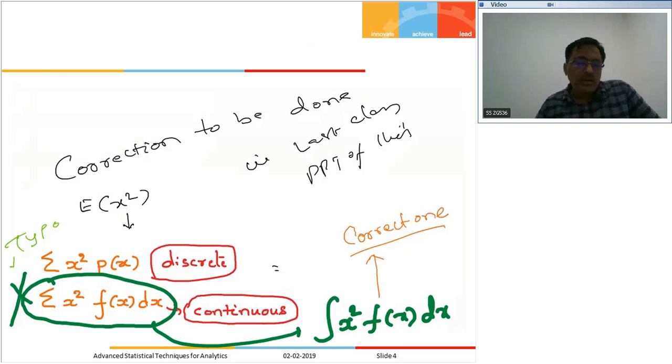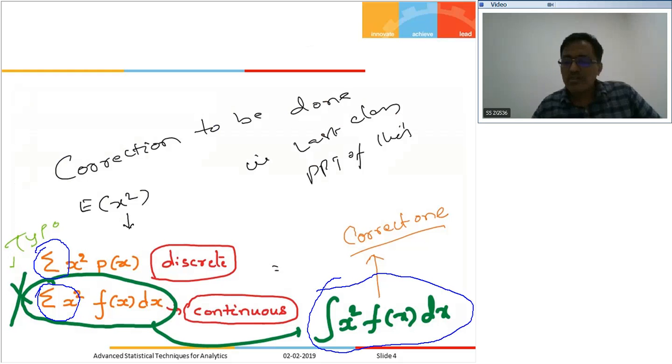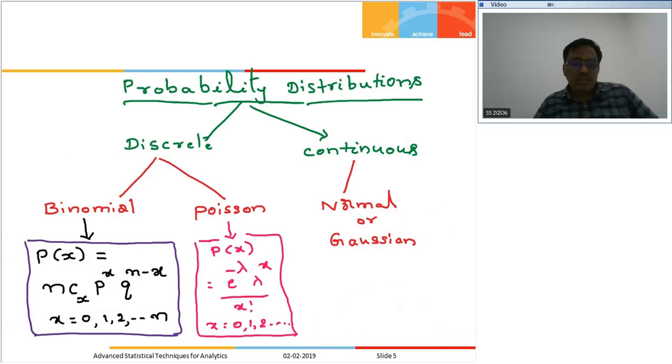We use summation if it is discrete, and we have to use integration if it is continuous, but instead I typed it as summation. So ignore this and consider the integral of x square f(x) dx, right.